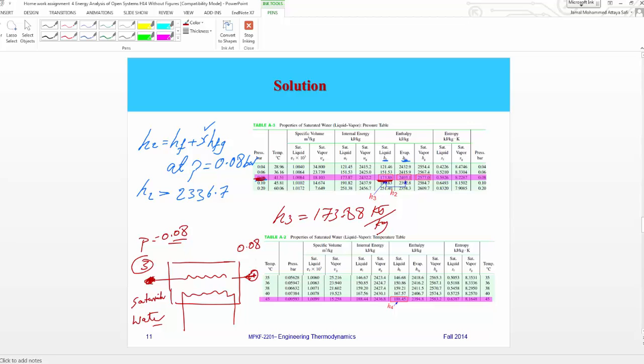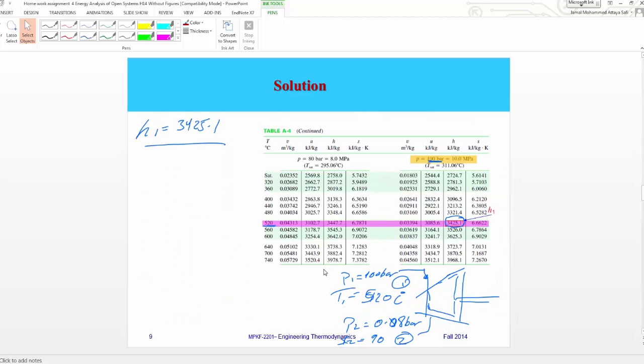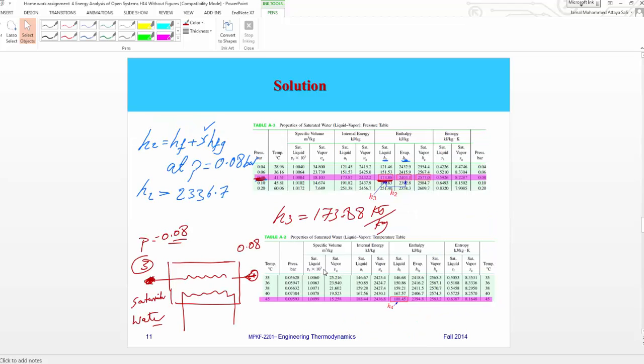Let's see what's H4. Now H4 is after the, I need to come back here just to not lose track. H4 is telling me that after the pump, the pressure is 100 bar and the temperature is 45 centigrade. So this is the temperature that I have, and I know it's after the pump.